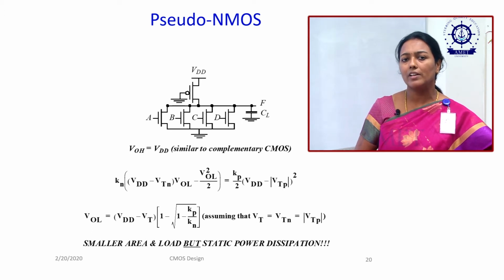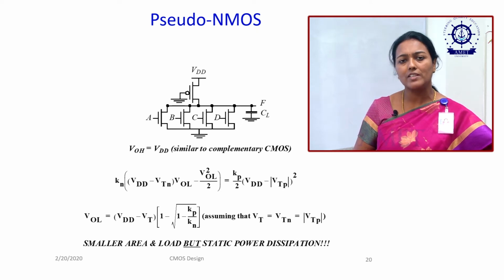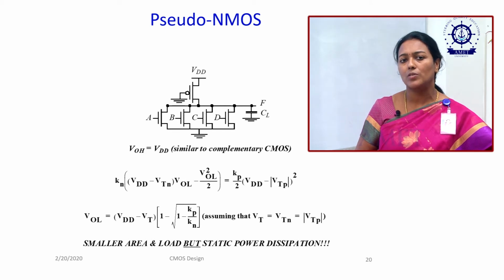Now, whenever A is 1, B is 1, C is 1, D is 1, all transistors conduct, output will be 1. If one of the transistors is 0, then also the remaining 3 transistors will conduct, output will be 1. If all transistors are 0, that is input will be 0, then only output is 0. So, this is the logic behind pseudo NMOS.